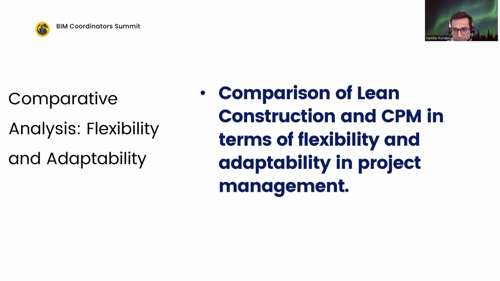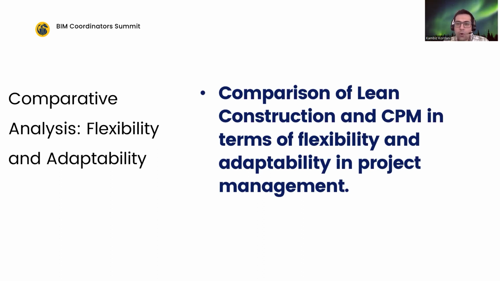The first is flexibility and adaptability. Lean construction and the last planner system emphasize flexibility and adaptability. This is a key attribute in the fast-paced and often unpredictable construction environment.